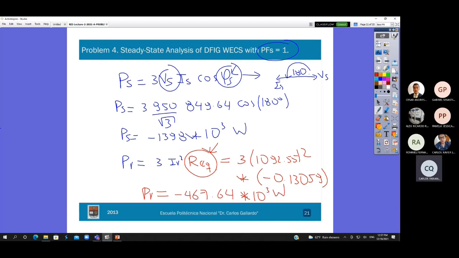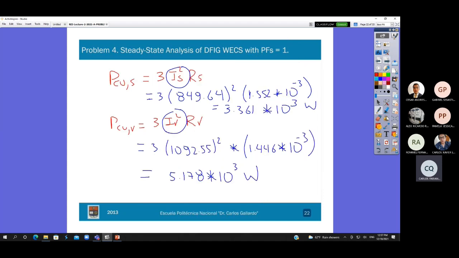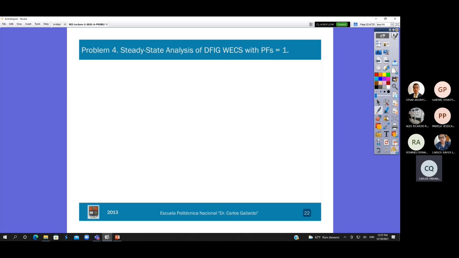But the problem is asking me to compute the net power delivered to the grid for this mode of operation. Do you remember, the grid active power is equal to the stator active power magnitude plus the rotor active power.